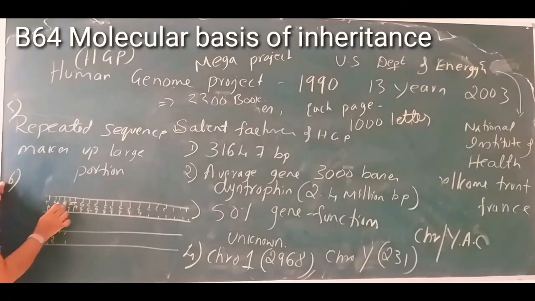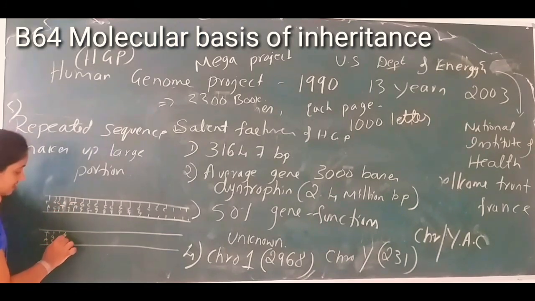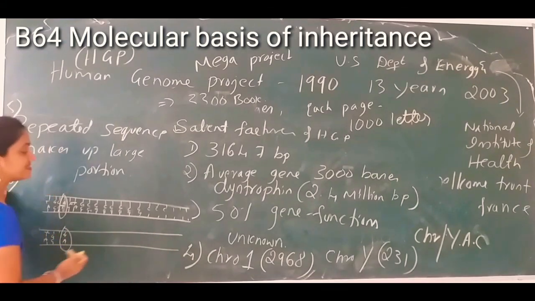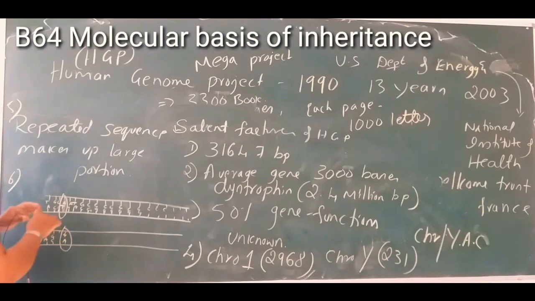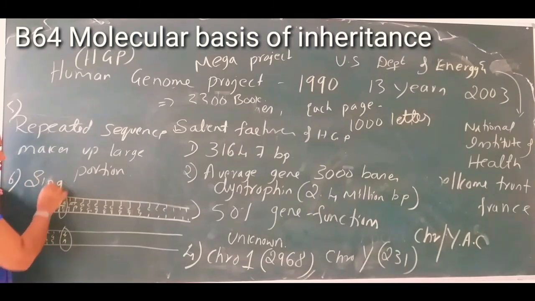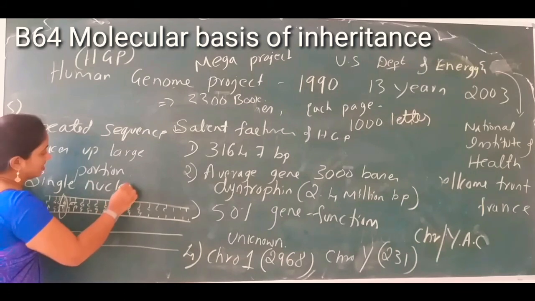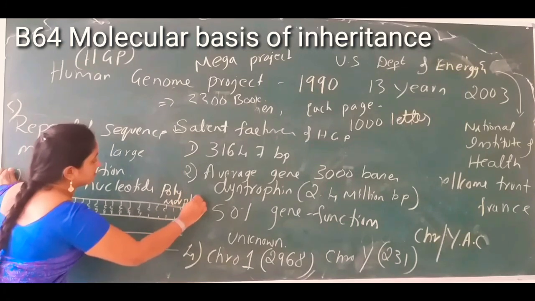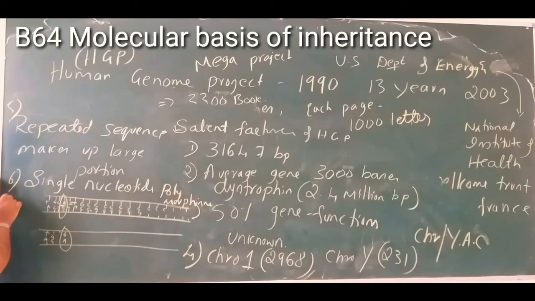For example, here I wrote T, A, T, T, A. Leaving this single nucleotide, all the other bases are similar. That type of nucleotide difference is known as single nucleotide polymorphism, in short SNPs.